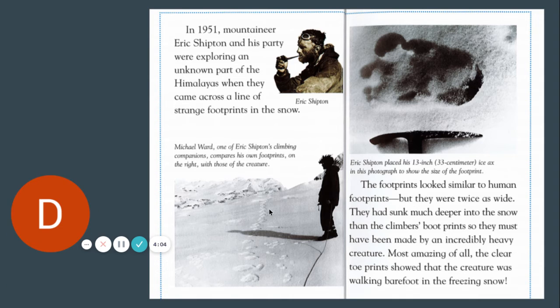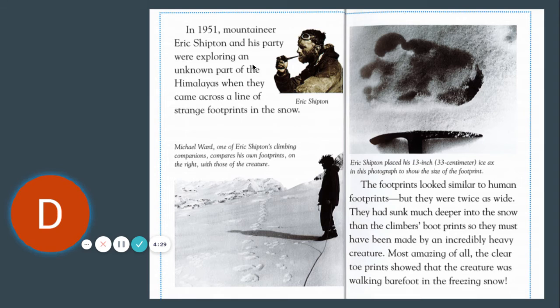So let's look at who our characters are. Eric Shipton is our main character. He was leading this party of explorers. We also know where he was exploring, so we have our setting. We have a date, a year. It's 1951, so we know it's in the past.